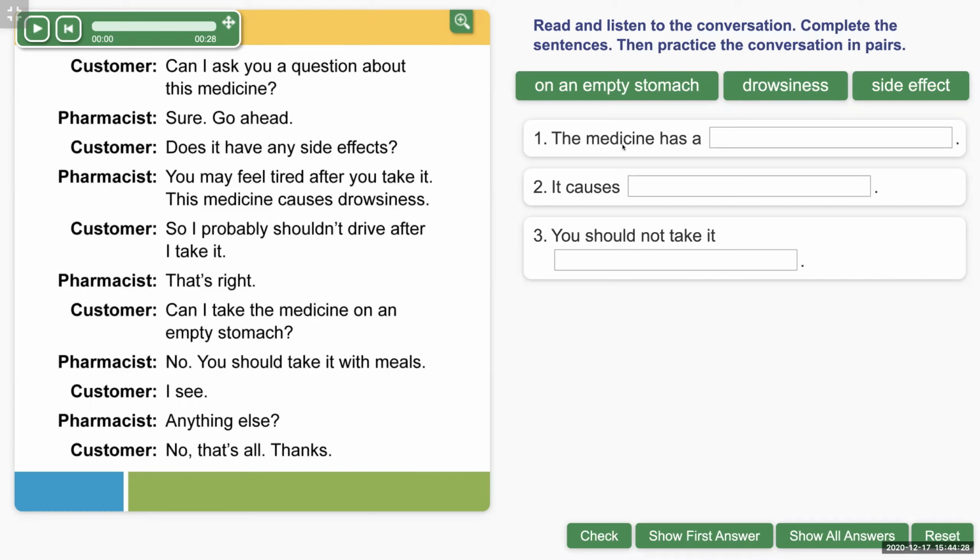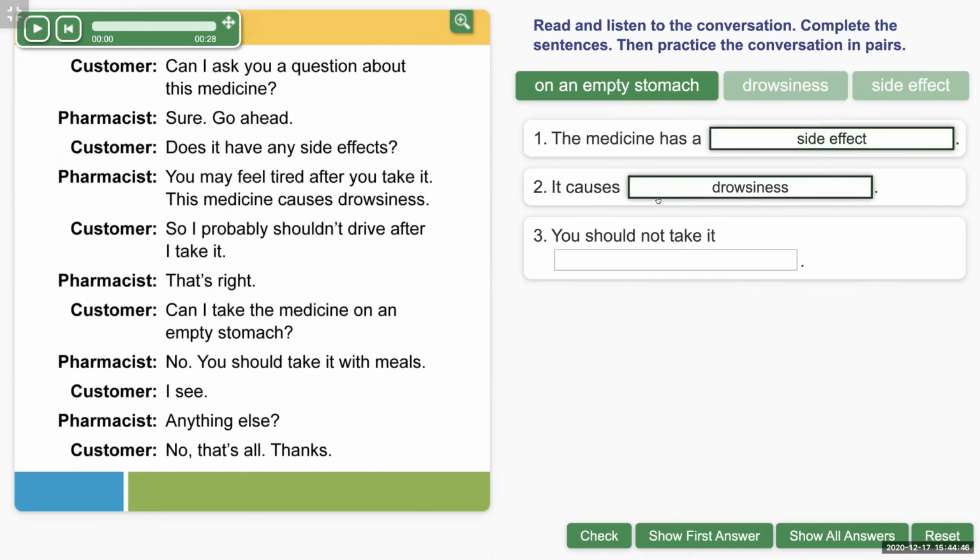The medicine has it causes, you should not take it. You had already seen the answers. Really quickly for this part, the medicine has a side effect. It causes drowsiness, and you should not take it on an empty stomach.